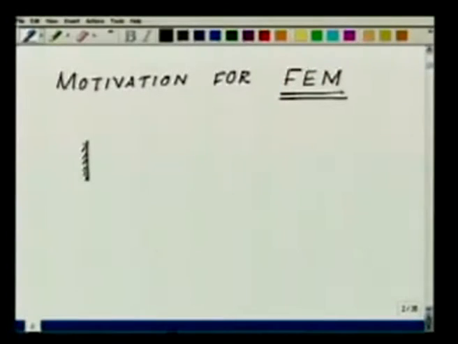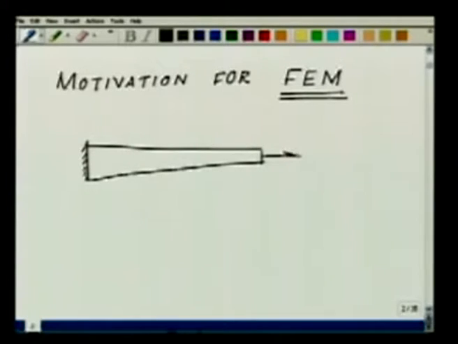So let us take again a model problem of this type. So here we have some distributed load f(x) in the body and an end load P, and again at x equal to 0 we have constrained the body, at x equal to L we have applied the end force.